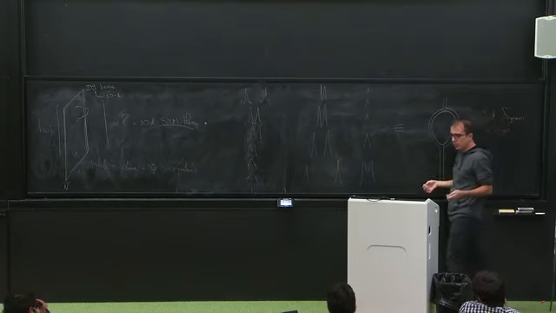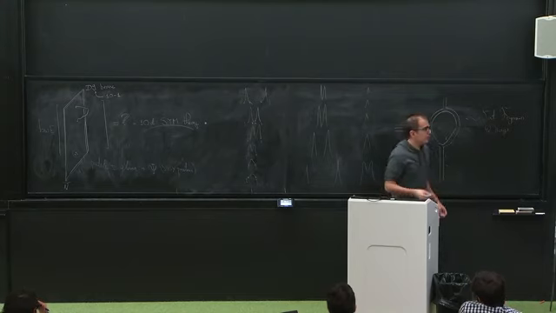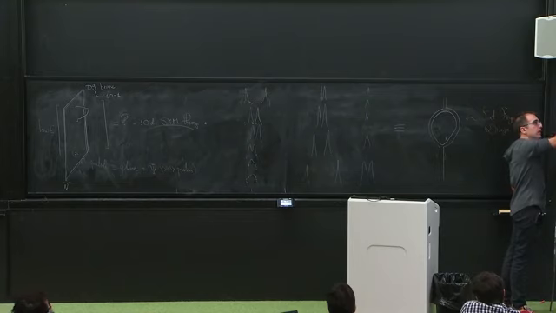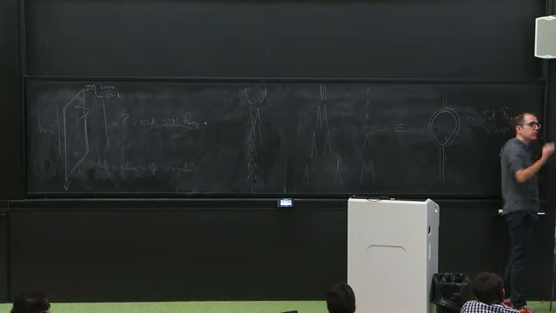And in this picture, we can draw it here. So we could imagine this situation where now I have a string that splits into three, like these diagrams we were drawing. These ones were proportional to n cubed.